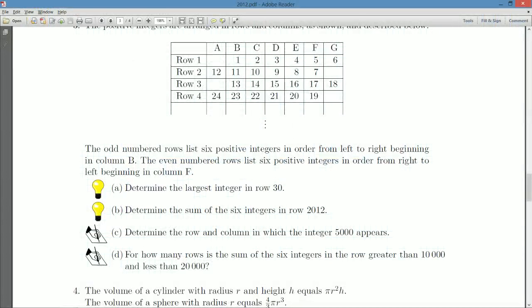So C part. Determine the row and column in which the integer 5,000 appears. Now we can use our row knowledge to figure out what row it's in, but then we're going to have to figure out what column it's in as well. And that will depend on whether or not the row is even or odd.